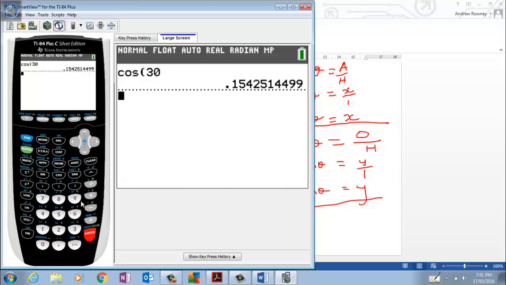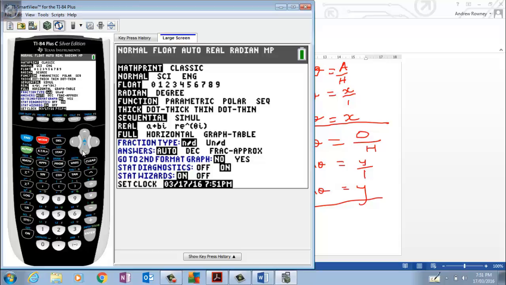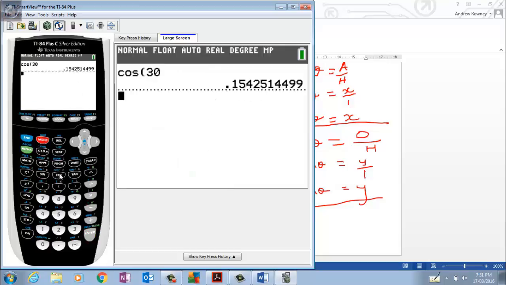However, that's incorrect because you've got to be really careful to be in degree mode. So if you click the mode in the calculator, you've got to go down and change the radian to the degree. Now go second quit, and this time we do it again, cos 30, enter, so it's 0.866. That's the correct answer.